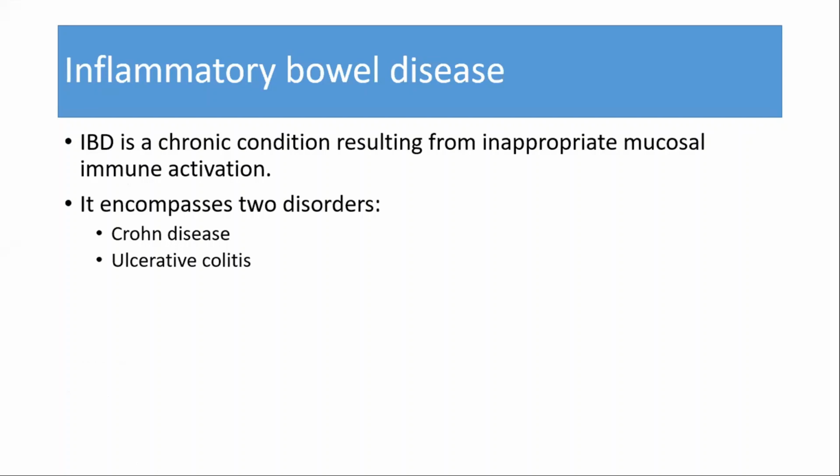So inflammatory bowel disease is a chronic condition resulting from inappropriate mucosal immune activation. All right. So when we talk about IBD, we are talking about two diseases, Crohn's disease and also ulcerative colitis.